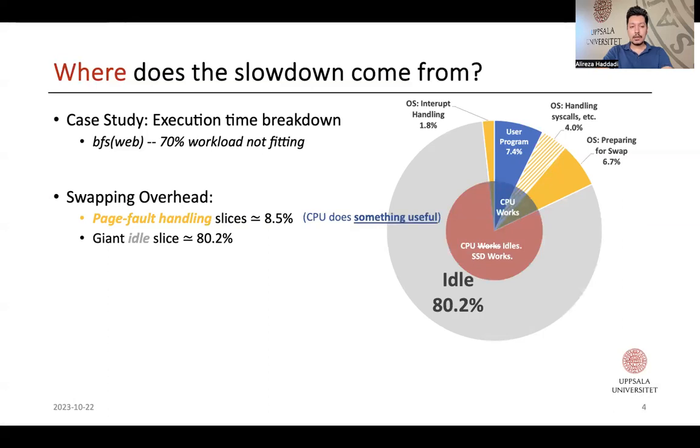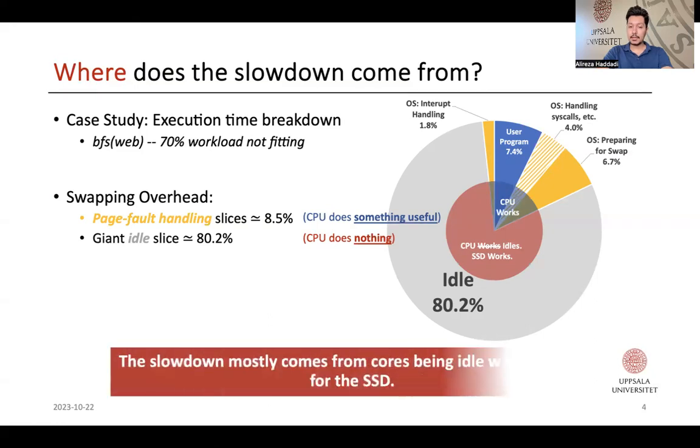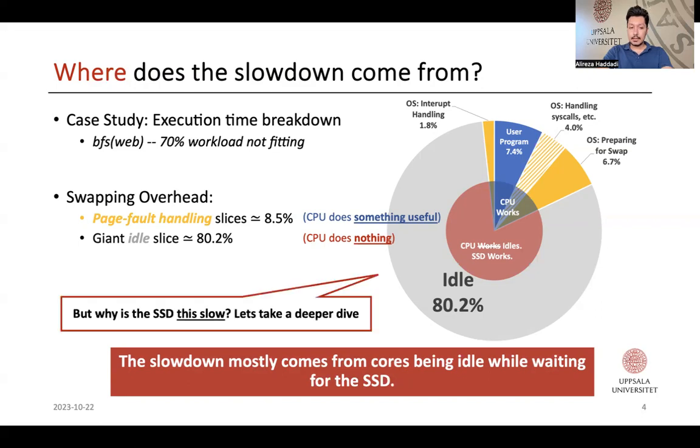In the page fault handling slices, the CPU does something useful. However, in this giant idle slice, the CPU does nothing but wait for the SSD. So we can see that the slowdown mostly comes from cores being idle while waiting for the SSD. Right. But why is this SSD this slow?